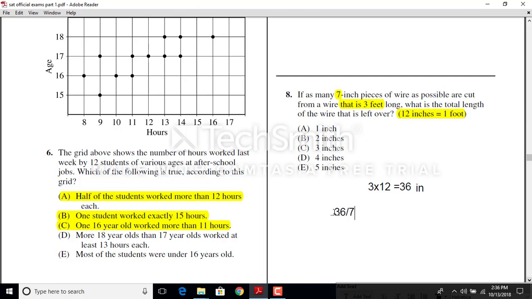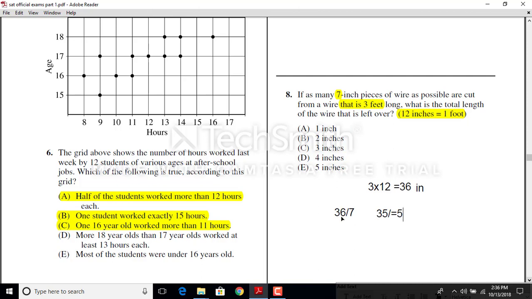Of course, 36 is not in the table of 7, but what's the number less than 36 in the table of 7? Yes, 35. So I can divide 35 by 7, and my answer will equal 5.